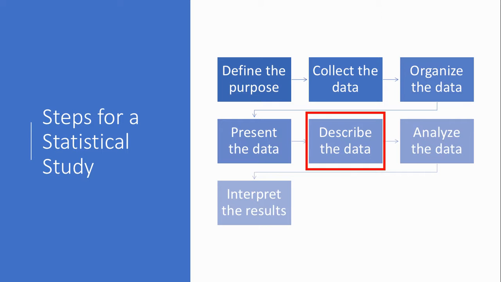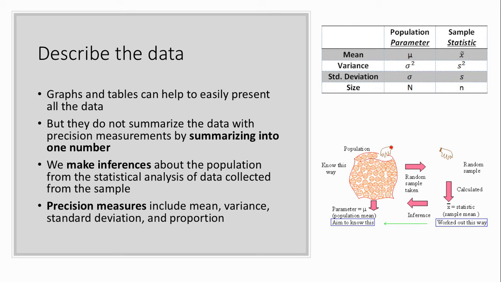Then you want to go through and describe the data that you collected, in which case graphs and tables are the easiest way to present all your data. Later on in your program, when you work on your final papers for graduation, you're going to be synthesizing a lot of literature into a summary table.